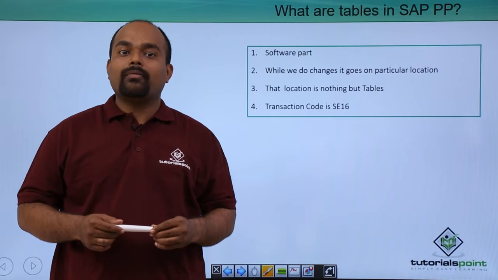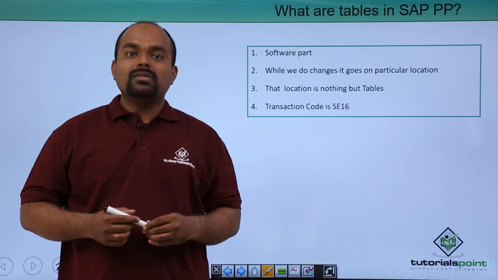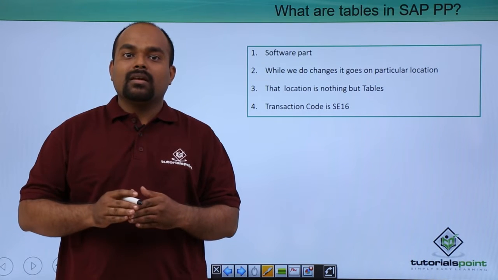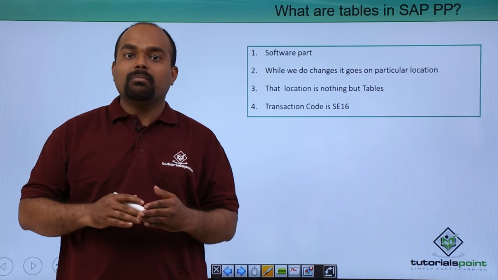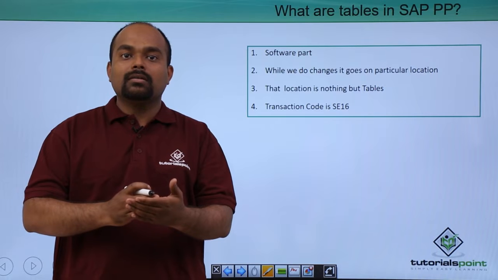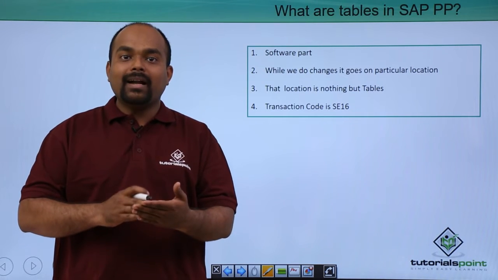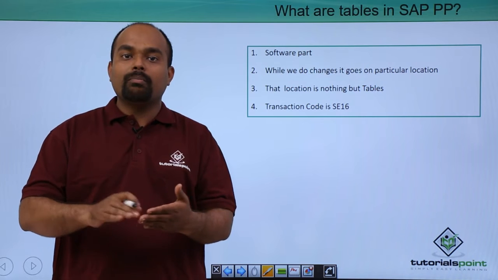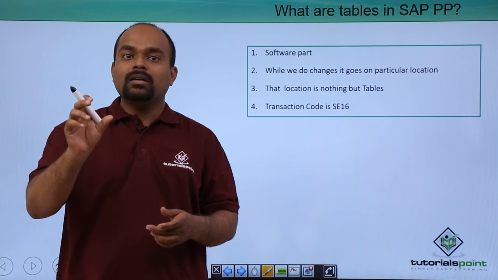It is the software part. If you do some transactions in particular areas, for example if you create a material, that data gets stored in a particular location. That location is nothing but the table.